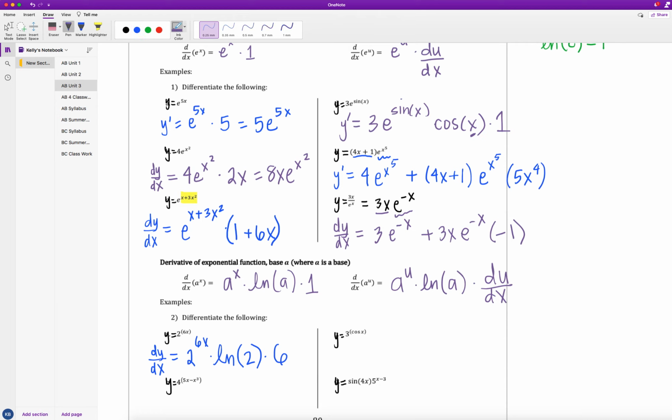Let's look at our second example with this. So we have y equals 4 to the exponent here that got a little bit more complicated, 5x minus x cubed. Why don't you guys pause the video and find your derivative for example B. So our derivative here, we have 4 as our base and the 5x minus x cubed as our exponent.